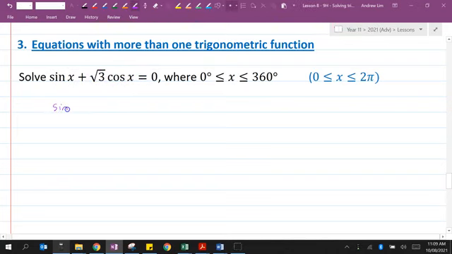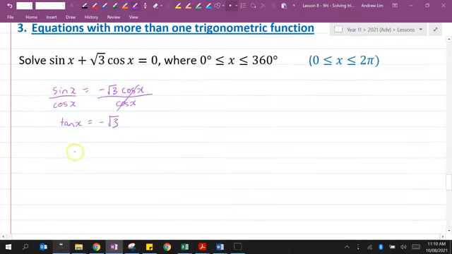So we'll have sine x is equal to negative root 3 cosine x. Then I'm going to divide both sides by cosine x. This will cancel, and now sine x on cosine x is equal to tan x.